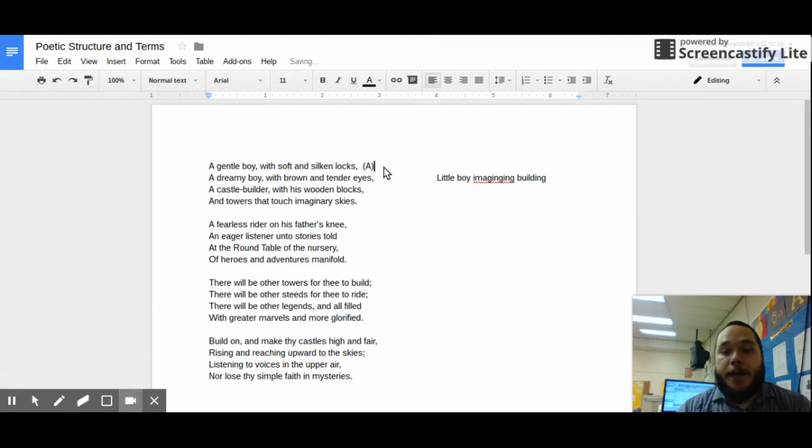So the first word, always A. Look at the second word, eyes. It doesn't rhyme with locks, so we put a B. If it had rhymed with locks, we'd put an A, similar to blocks here. So far we have locks, which rhymes with blocks, and eyes, which rhymes with skies. That is how we do rhyme scheme.